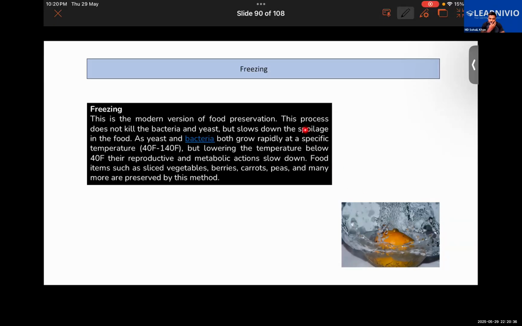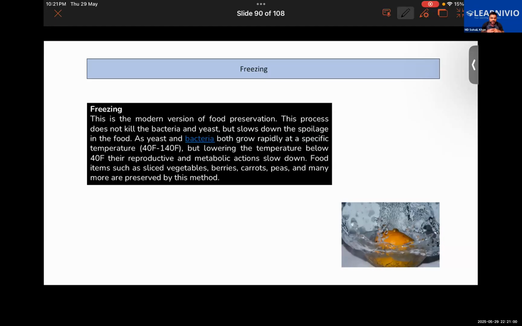How do they do so? We lower the temperature so much that the different functions that microorganisms have to perform to stay alive, like ingestion, digestion, absorption of the food, and reproduction, get slowed down. Getting it, Farhan?